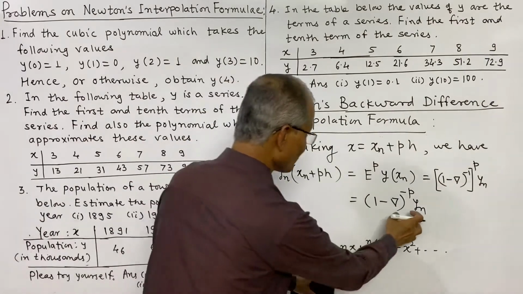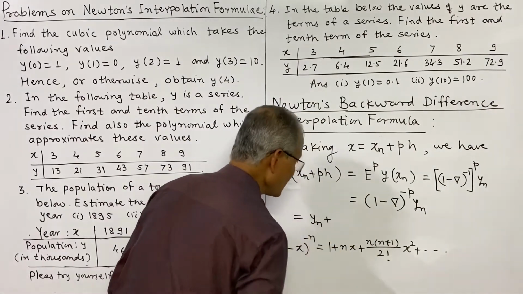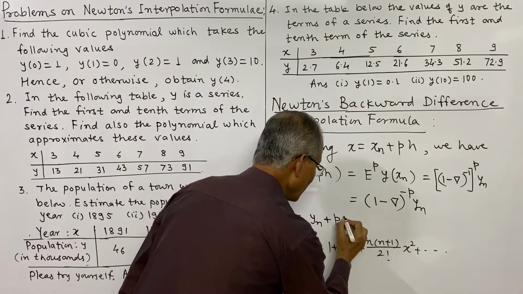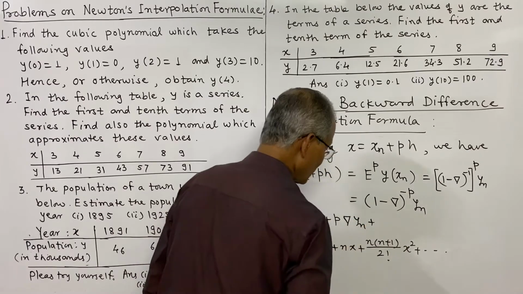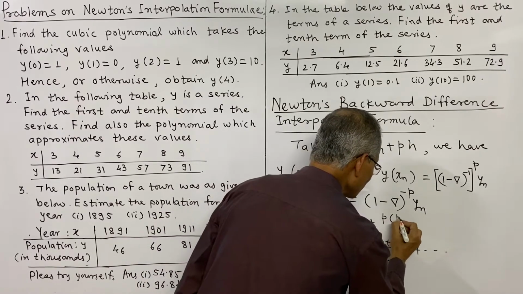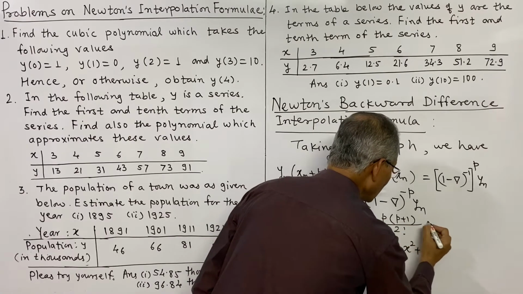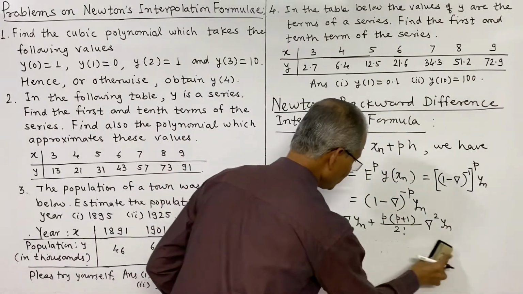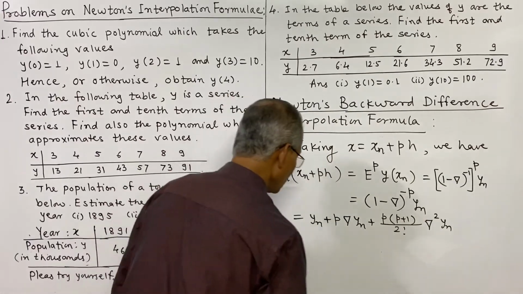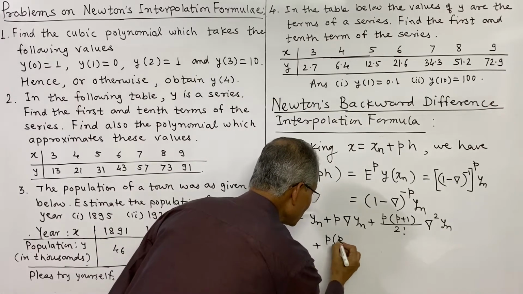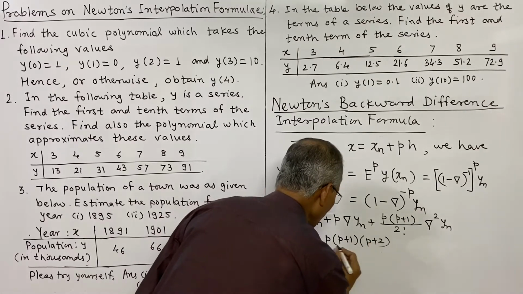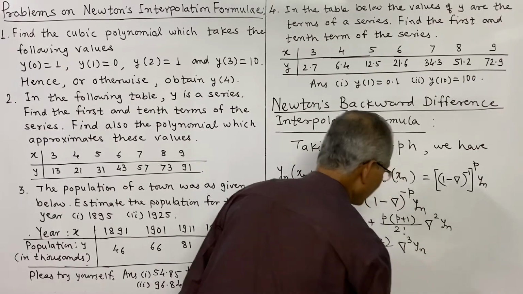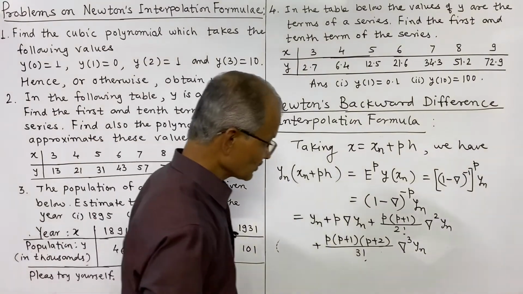Using this expansion, operated on yn, we get 1 times yn, that is yn, plus p del yn, plus p(p plus 1) divided by 2 factorial del square yn, plus p(p plus 1)(p plus 2) divided by 3 factorial del cube yn, and so on up to n terms.